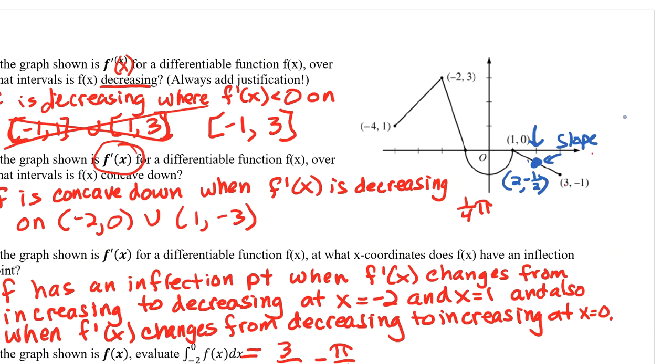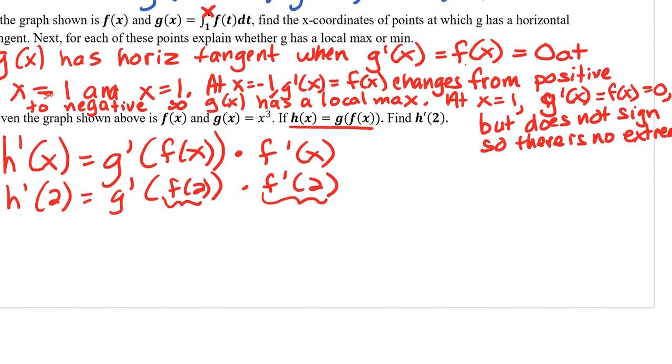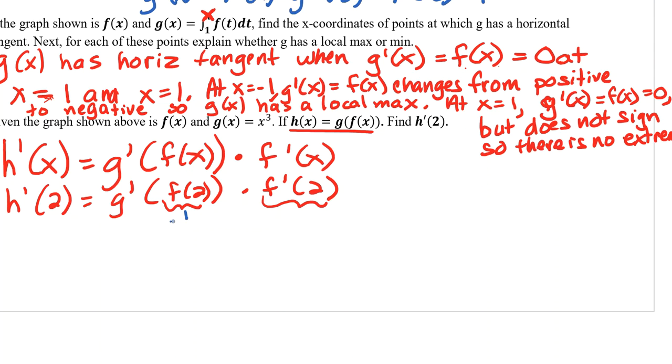So our rise is negative 1, but our run is 2. So the slope right there, I'm looking at this triangle. So the rise was negative 1, but the run was equal to 2. So we want a y-coordinate of negative 1/2 and a slope of negative 1/2. By coincidence, they are equal. All right, so this is negative 1/2. And our slope was negative 1/2.